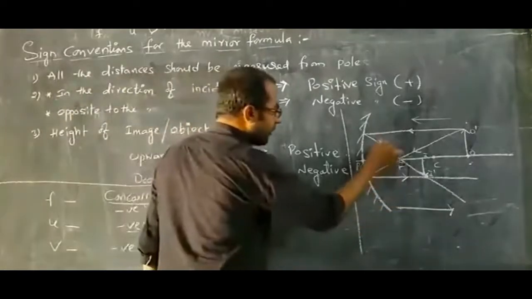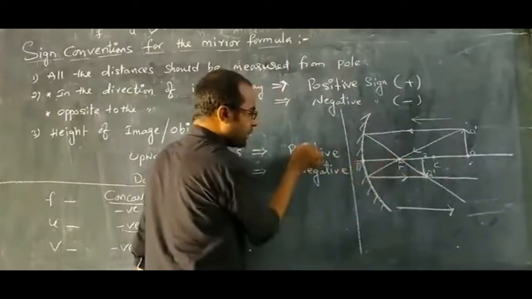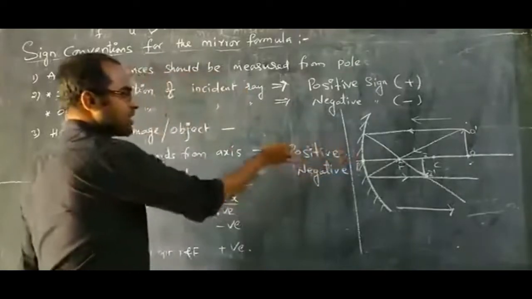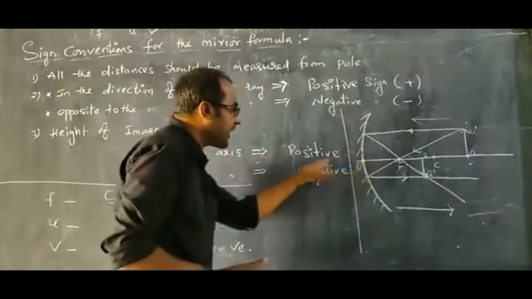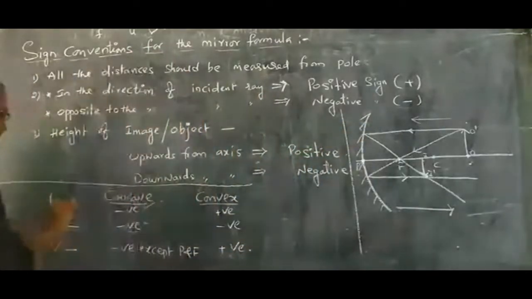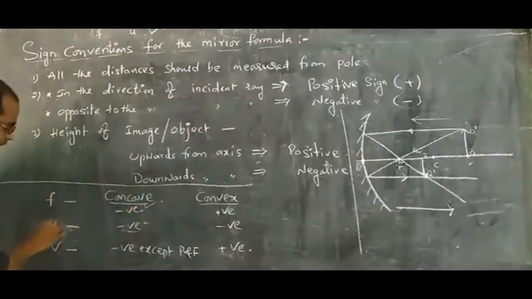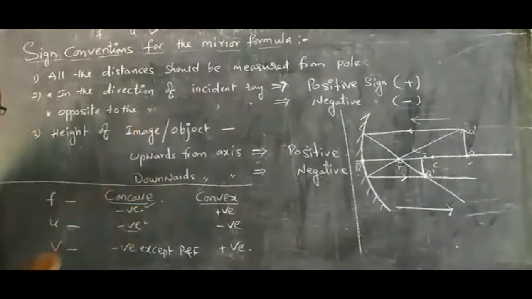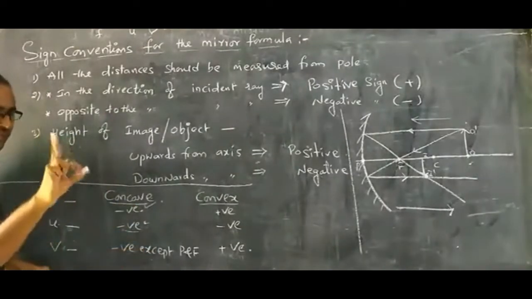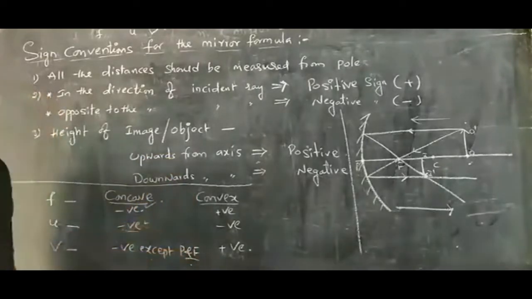When we place the object in between pole and focus, the image will be formed inside the mirror. In that case, image distance will be positive because we measure in the direction of incident ray. Is it clear? Yes. So for concave mirror, focal length always negative, object distance always negative, image distance always negative, except one case, when the object is placed between pole and focus.